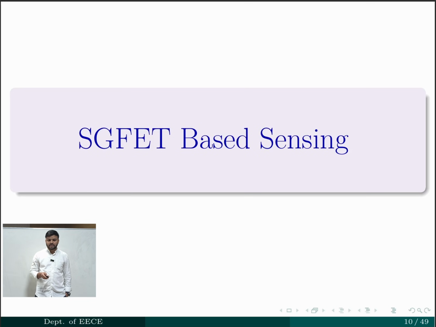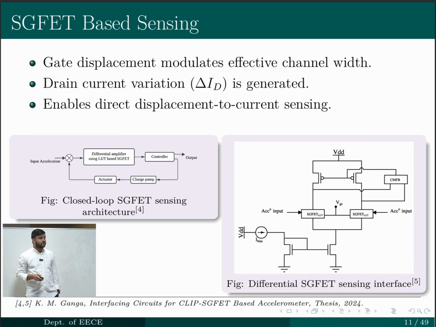Now, how will SGFET based sensing work? The input is going to be either acceleration or electrostatic force, which goes to the differential amplifier. In the differential amplifier, the SGFET LUT based model is used, and this differential amplifier will generate the signal, which is going to be controlled by the controller.